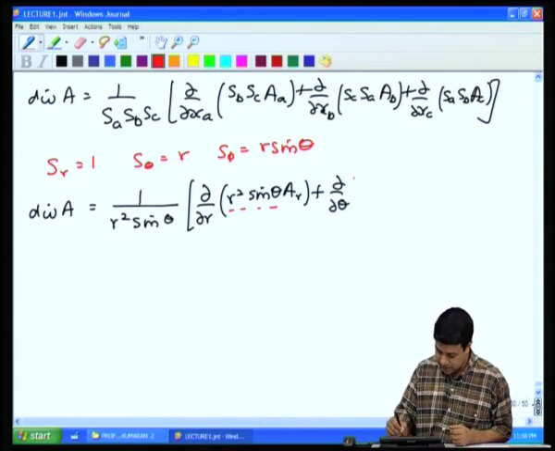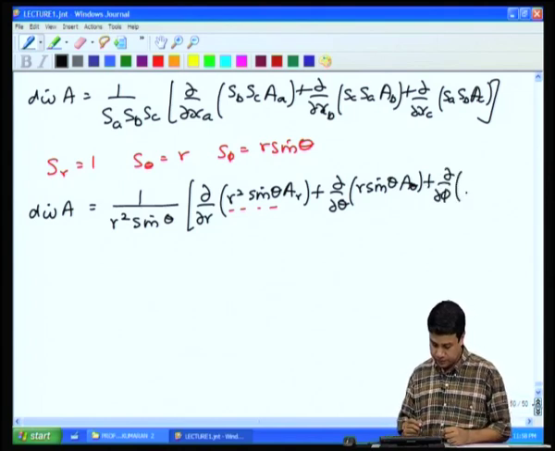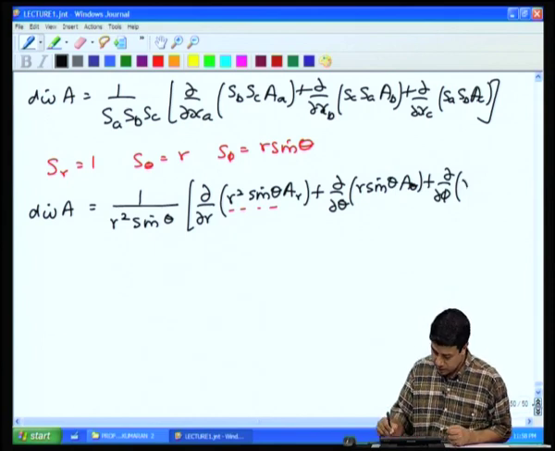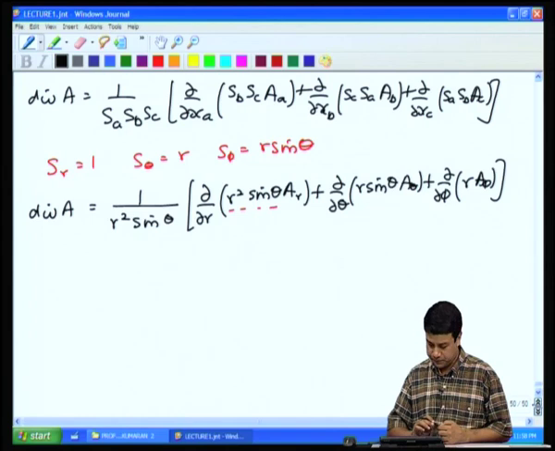So this becomes r sin theta A_theta, plus d by d phi of r times A_phi, because S_r into S_phi just becomes r times A_phi.